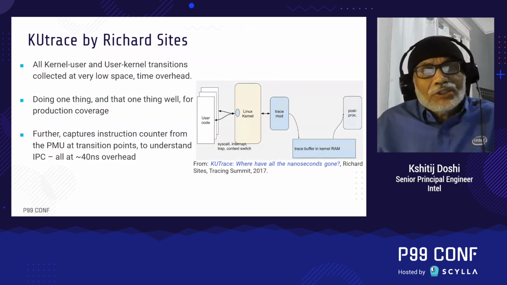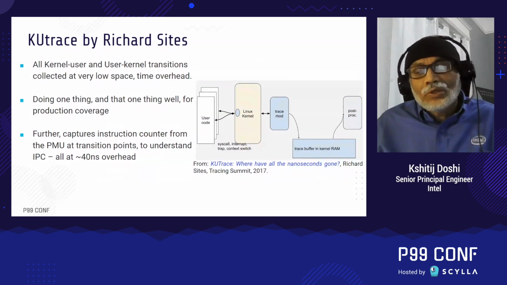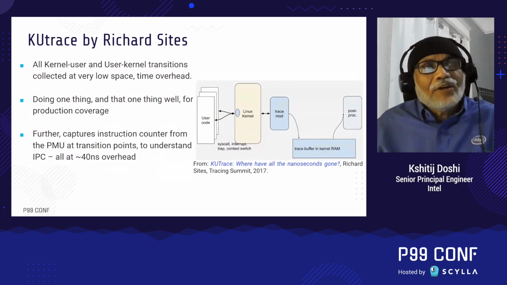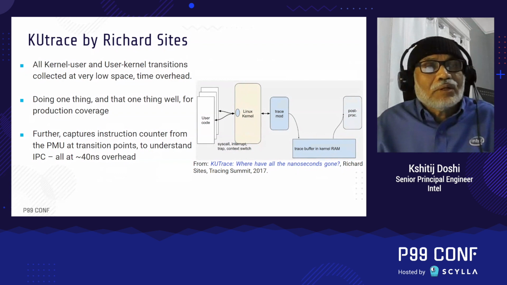Now, in addition, he also collects the IPC at these various kernel to user and user to kernel transition points, so that it's possible to look at a thread's history, divide it up in terms of various intervals over which it is possible to see when the process was running at high speed, and when it was slowing down by several factors or even orders of magnitude.